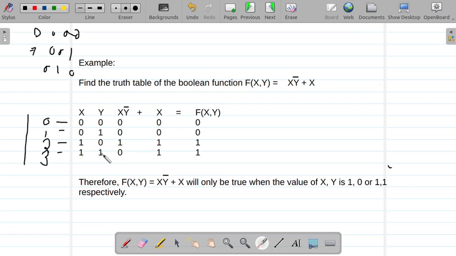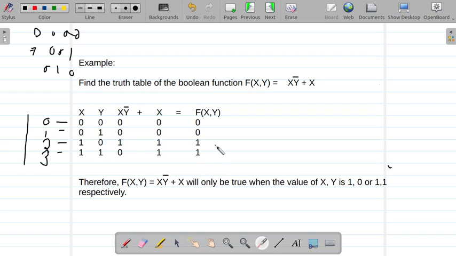Then 1 multiplied by 0 is 0. Then copy the value of x. Then we add x complement y plus x. So 0 plus 0 is equal to 0. Then 0 plus 0 is 0. Then 1 plus 1 is equal to 1. Then 0 plus 1 is equal to 1.